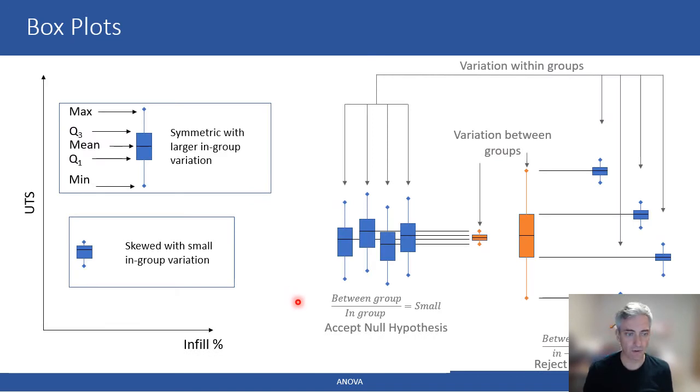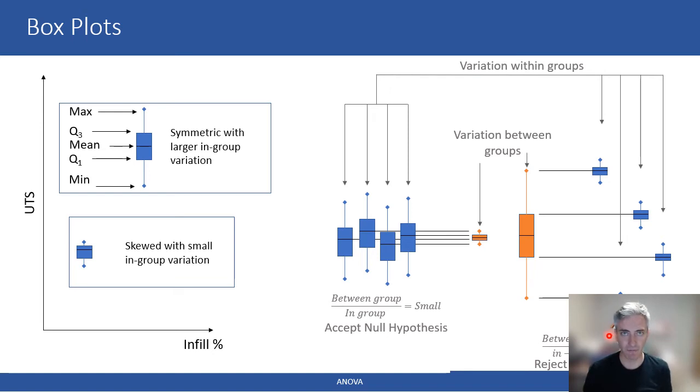So this is just a very quick ANOVA refresher. Remember, ANOVA looks for large between group variations and small in-group variations. That means if there's a large between group variation, it means that the treatment is having an effect on the output of the experiment.